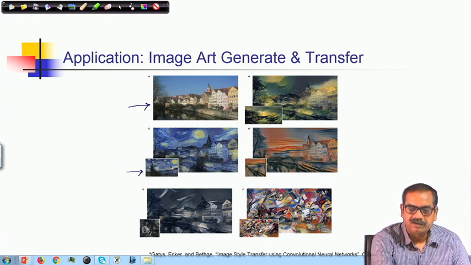And using the Van Gogh painting style, this photograph has been generated. So, all these buildings etc. you can observe here, but they have very high similarity with the style with which it has been painted. And similarly, you can get examples where the same scene is rendered by different styles of painters.